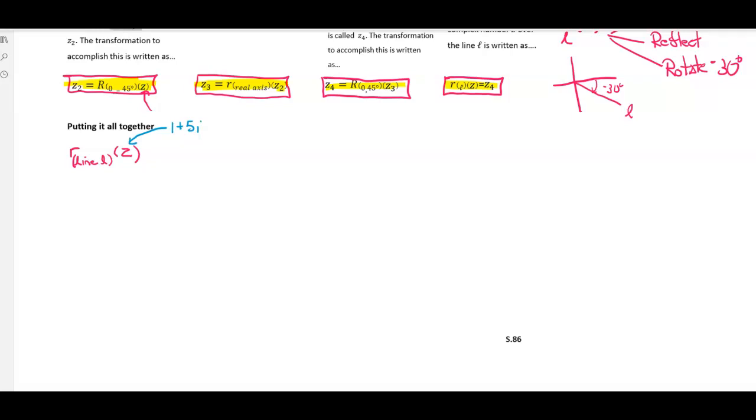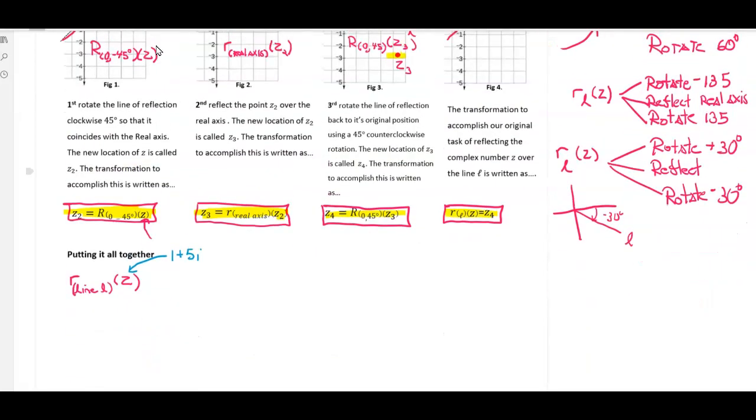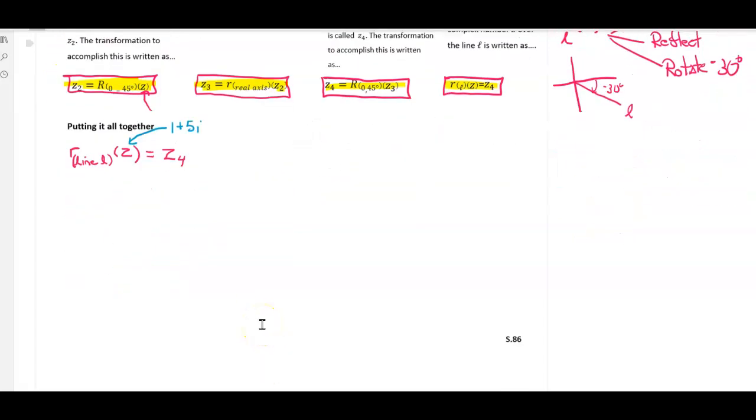In our drawings up here, that was this value right here, Z4. So this is equal to Z4. All right. Well, how did we get Z4? Right here.